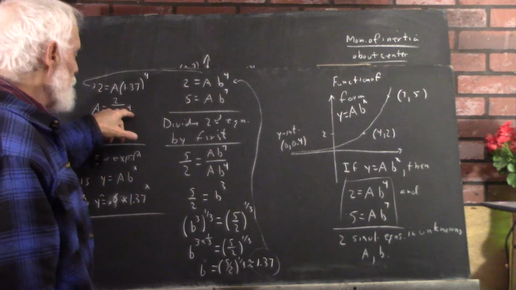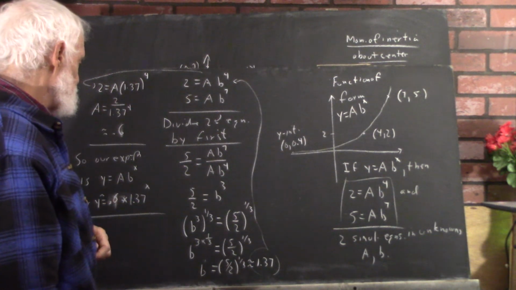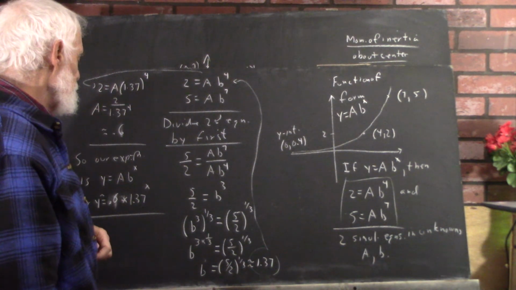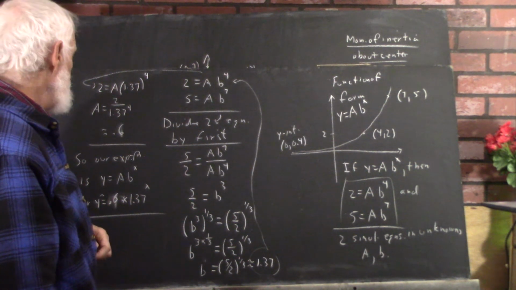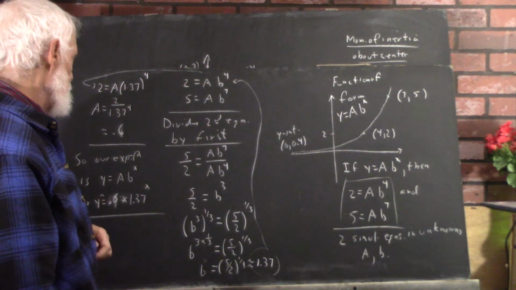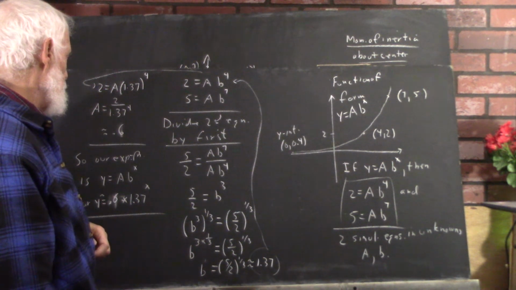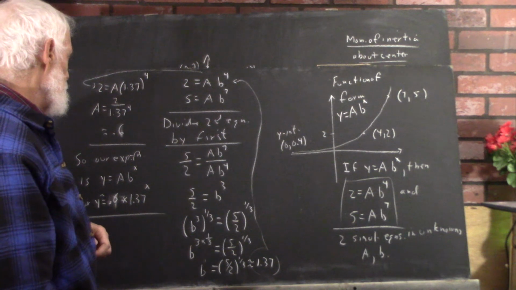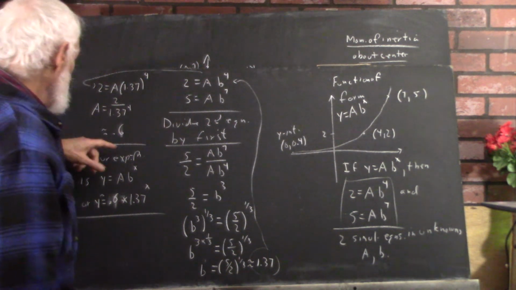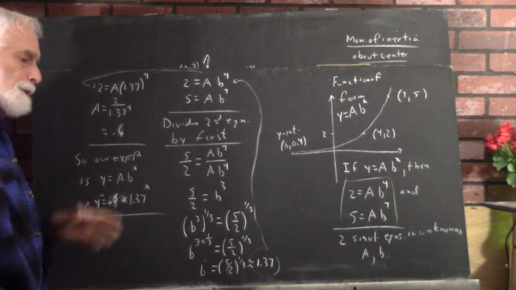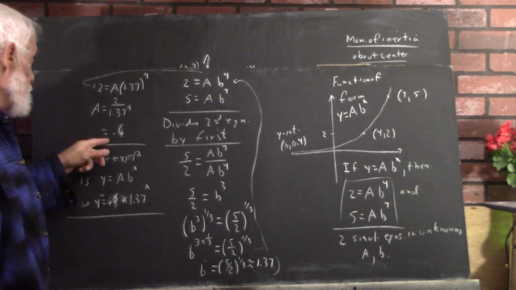The 1.37 to the 4th should be about 3.34. Okay, that still works. Just checking myself. Okay, a should be about 0.6.